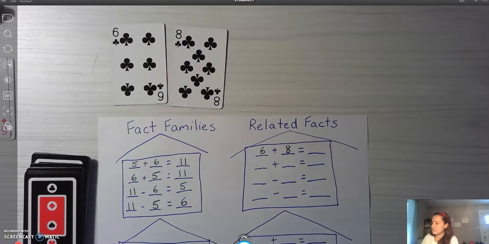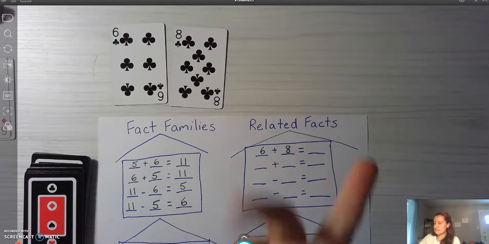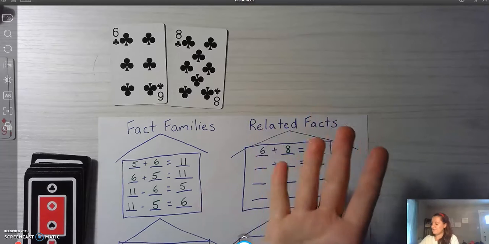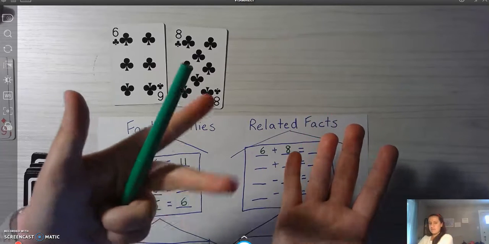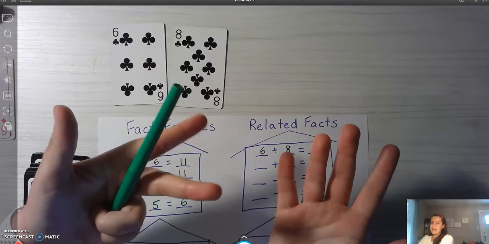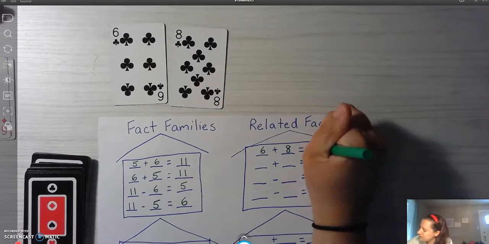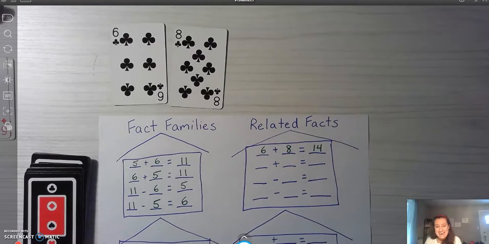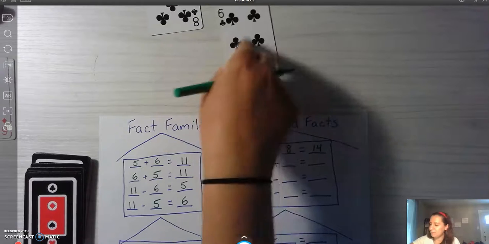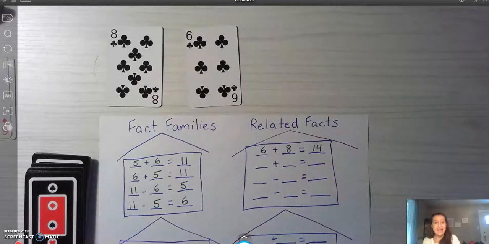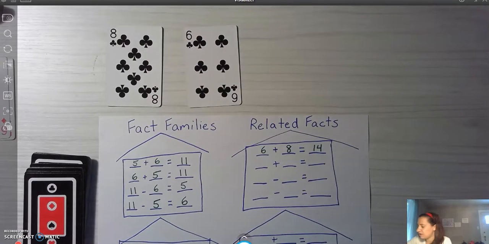So I'm going to go 6, 7, 8, 9, 10, 11, 12, 13, 14. I counted out 8 more to get 14.